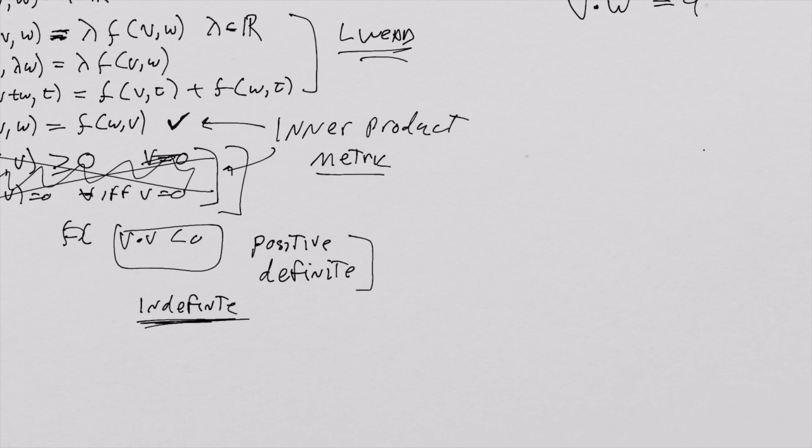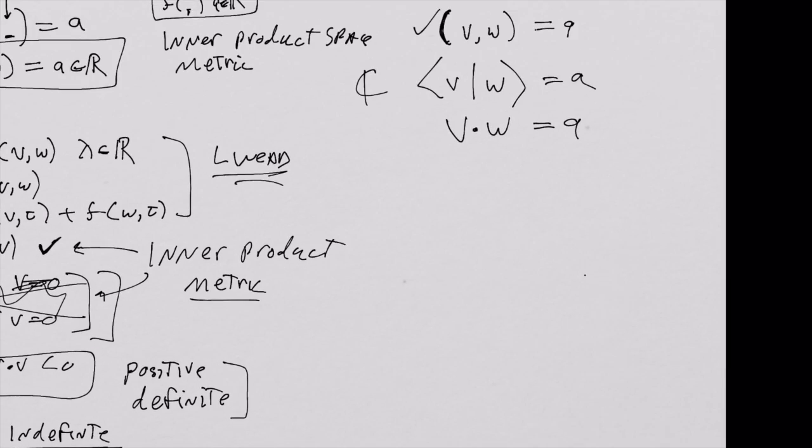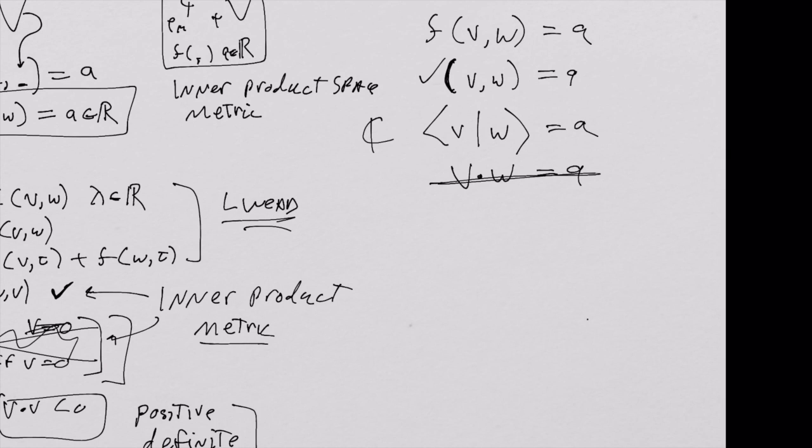If it is positive definite, you have a Riemannian metric space. If it's indefinite, you have a pseudo-Riemannian metric space. General relativity uses pseudo-Riemannian metric spaces. So we're not going to use this form, we're not going to use this form, not going to use this form. We'll use this form to describe our metric.